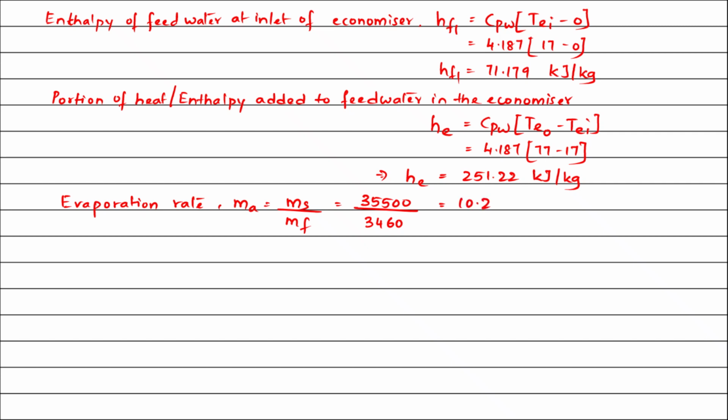So my evaporation rate is 10.26 kg of steam per kg of coal. I'll be requiring the enthalpy added in the economizer and the evaporation rate. Now I can proceed to equivalent evaporation.